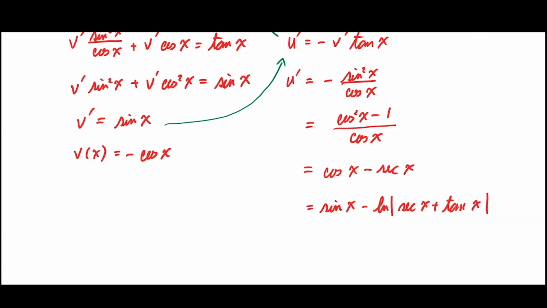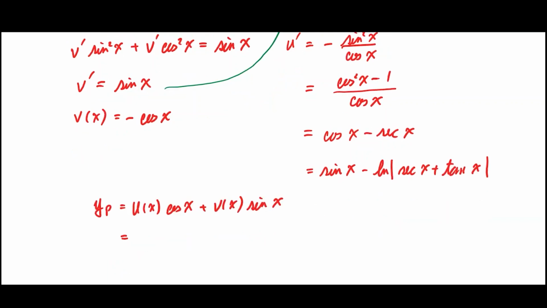Okay, so I'm going to write down the particular solution. Particular solution, remember, was this: u times, it was cosine first, right? Plus v times sine of x, wasn't it? So let's substitute.